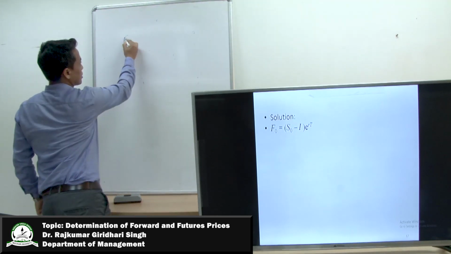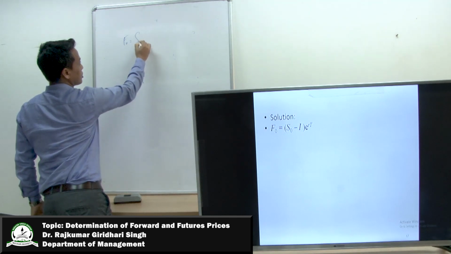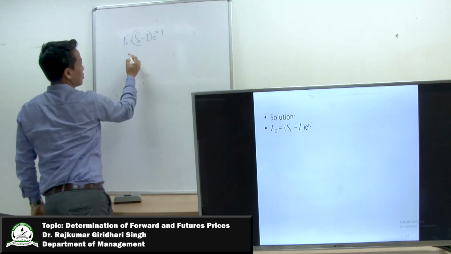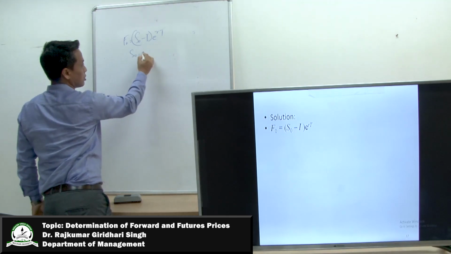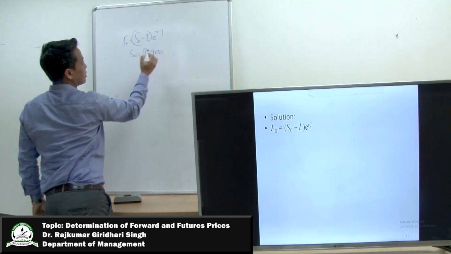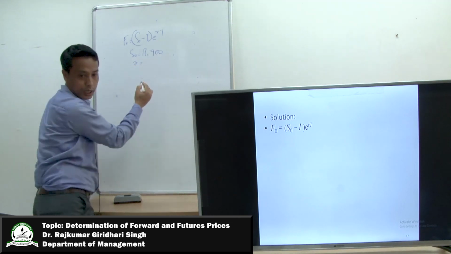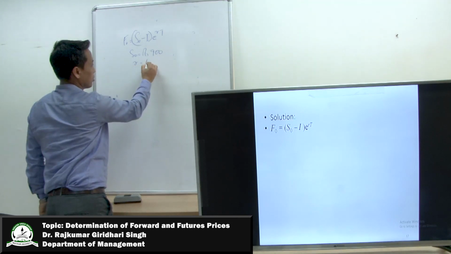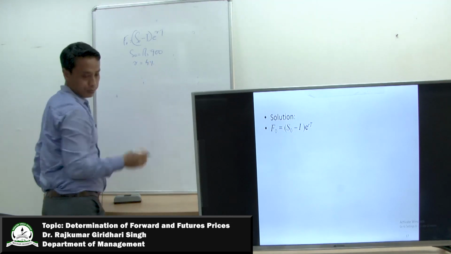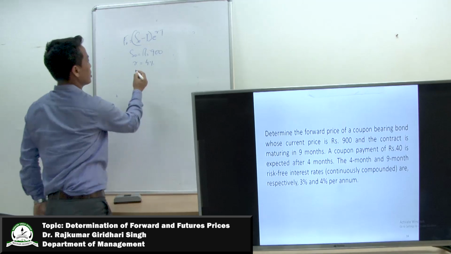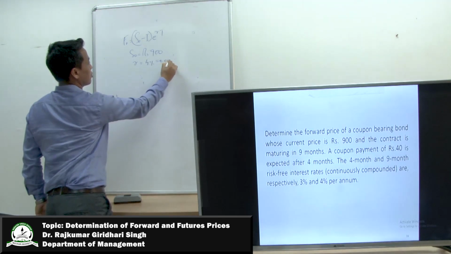So we have the forward price equal to S0 e^(rT). We need to find the value of S0. Here it's rupees 900. Then R is 4%, that is 0.04.